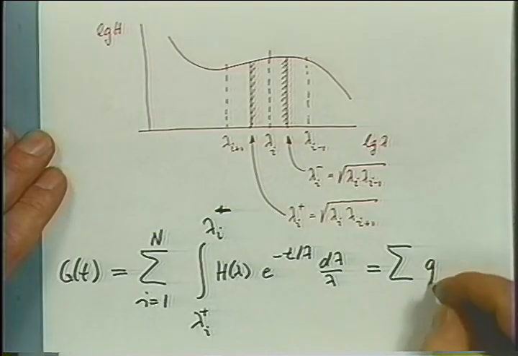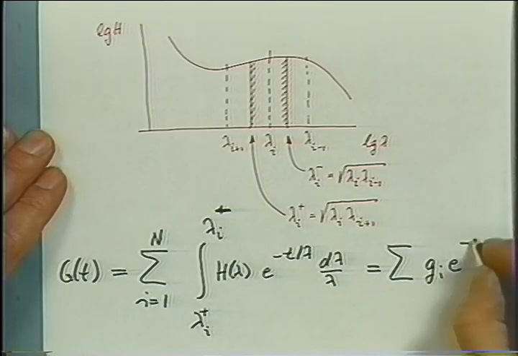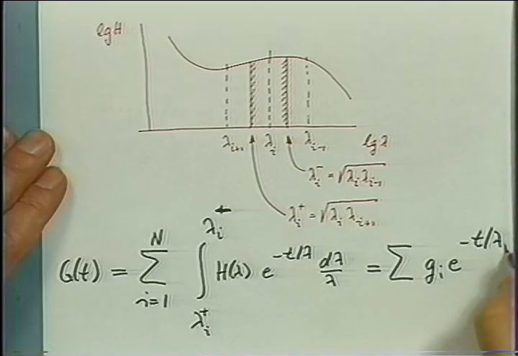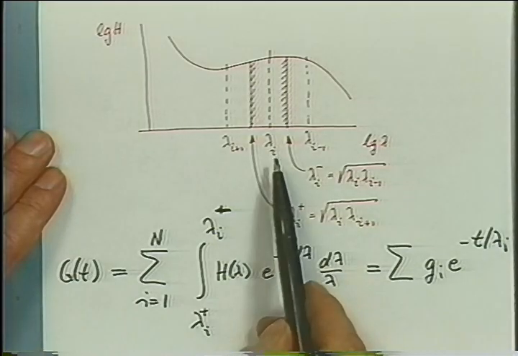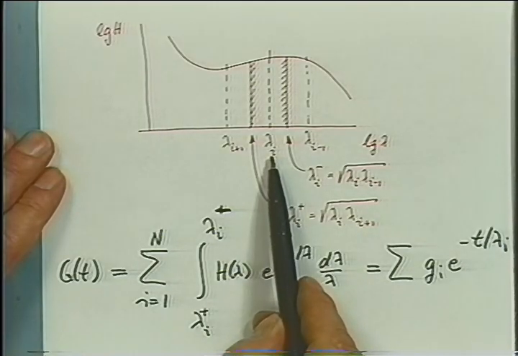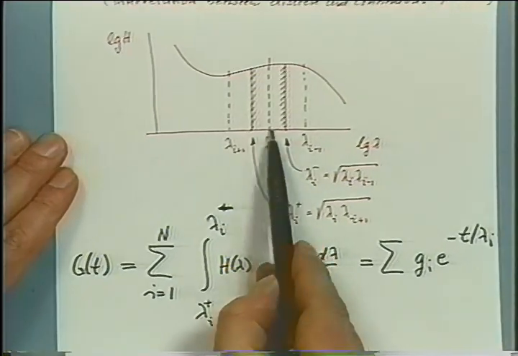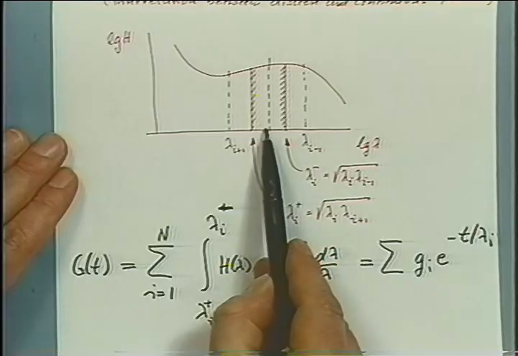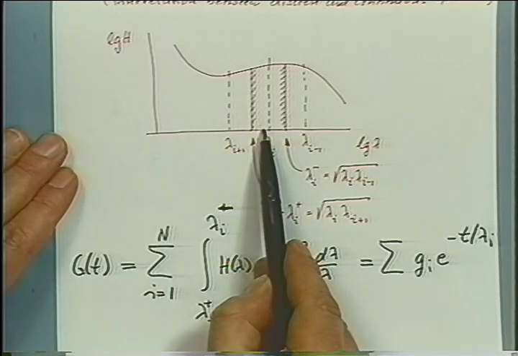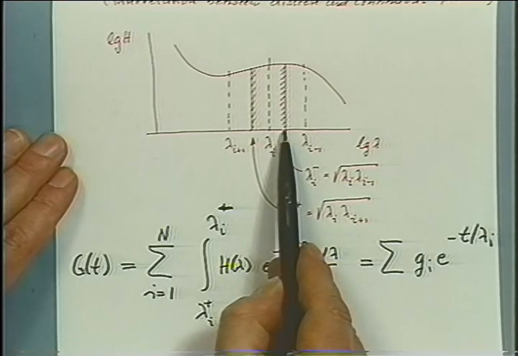So this will be equal to g_i times e to the minus t over lambda_i, a Maxwell mode which is assigned to this lambda_i. Now note that this range will be very, very small. We will have fairly fine steps for our integration.